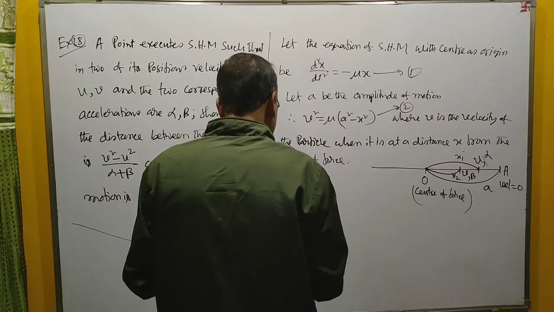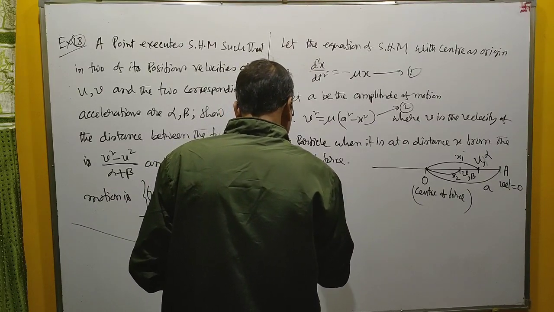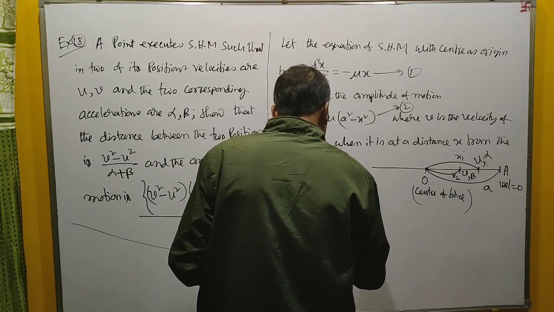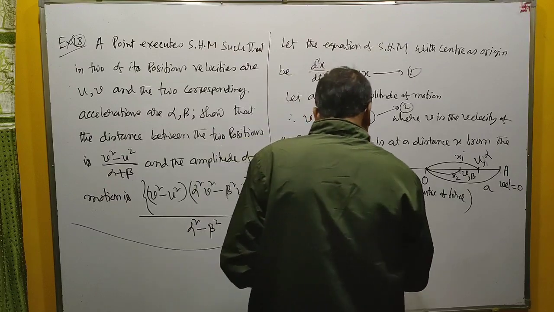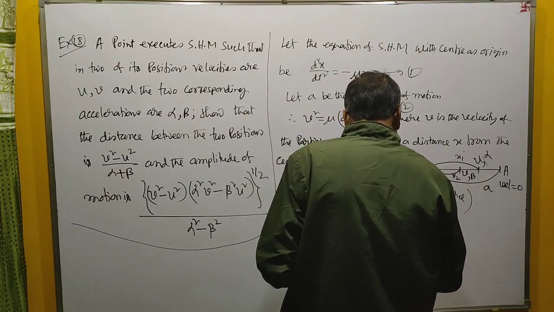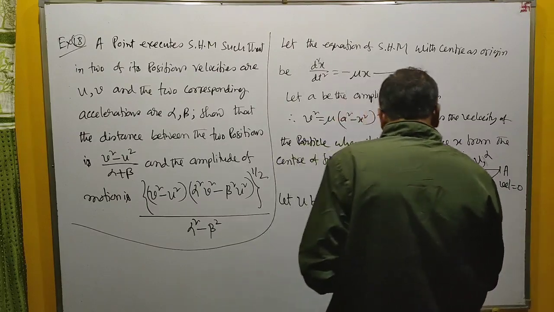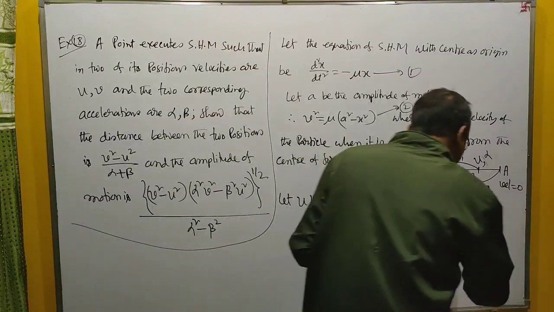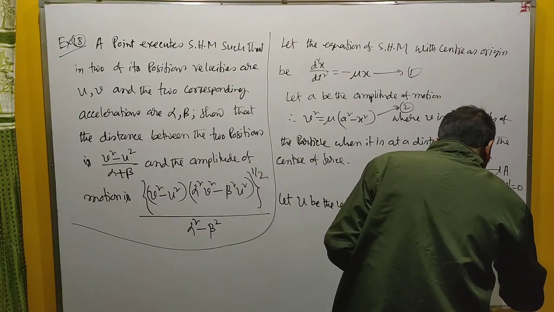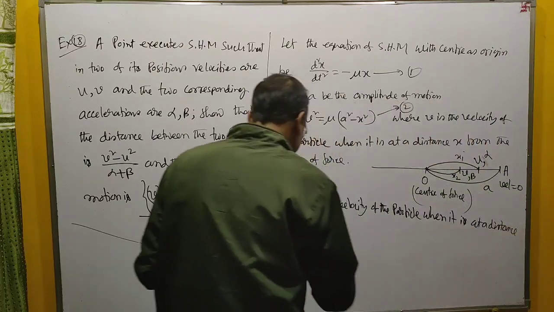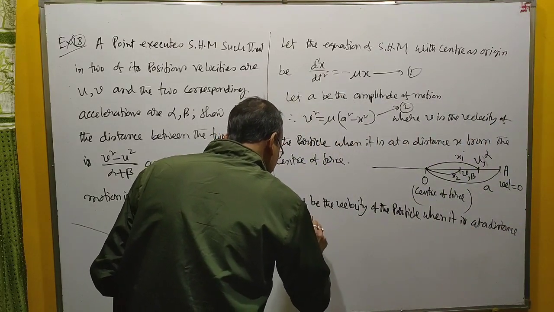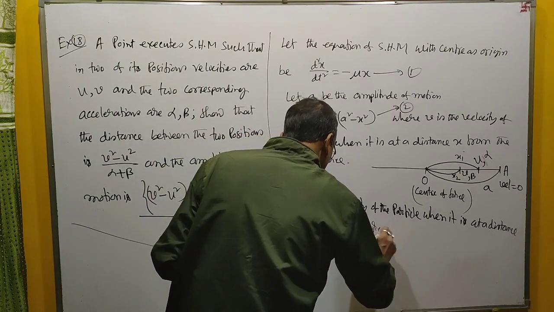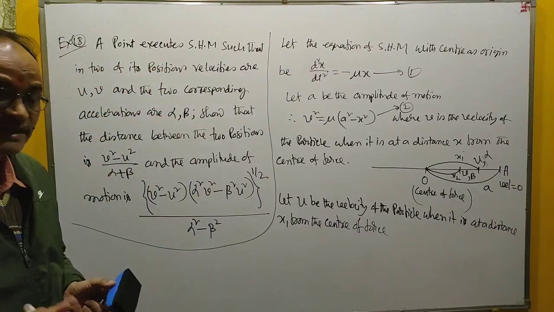Let u be the velocity of the particle when it is at a distance x1 from the center of force.